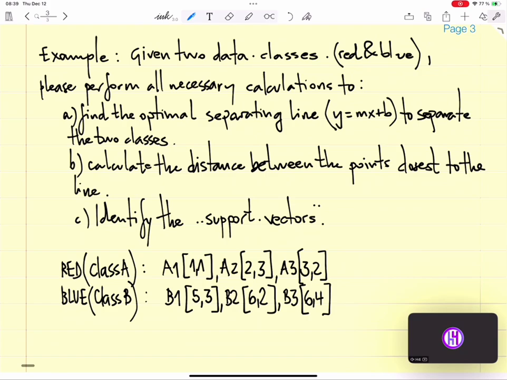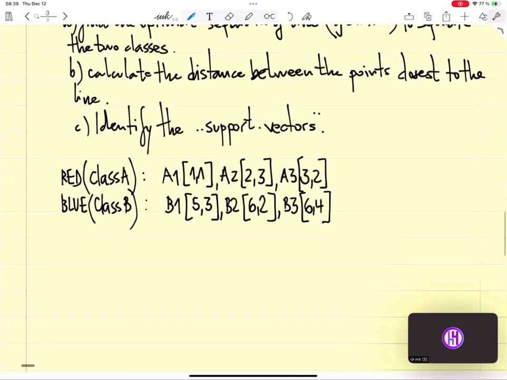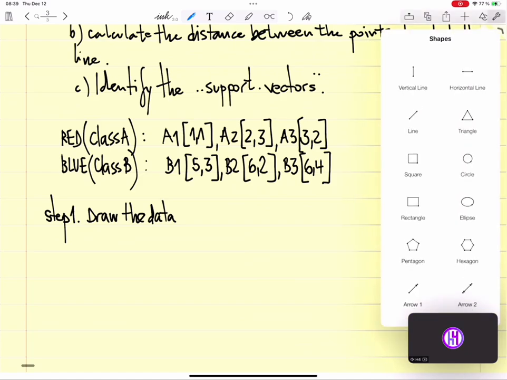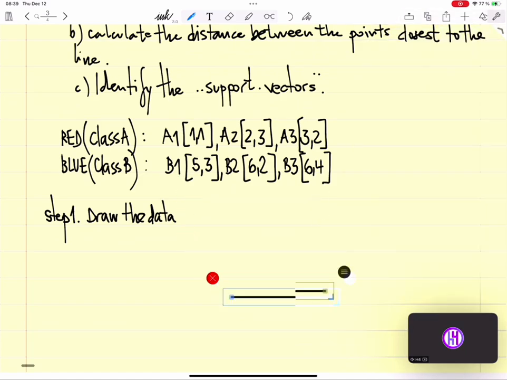These are the data. So our first step is to draw the data. This is something that you don't need to do in real life later on, but I recommend that we do it now to understand the algorithm better.